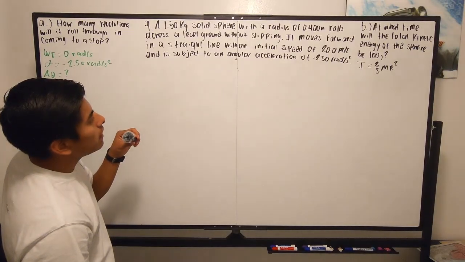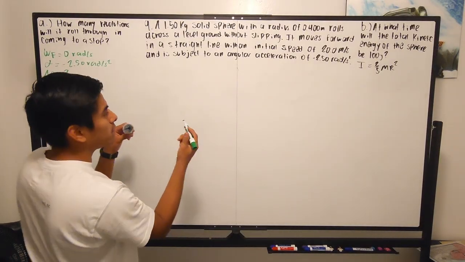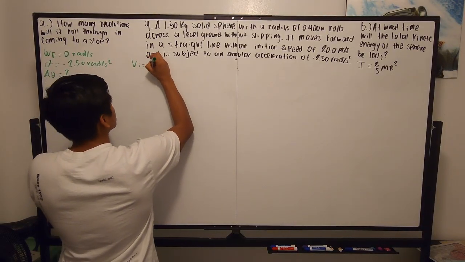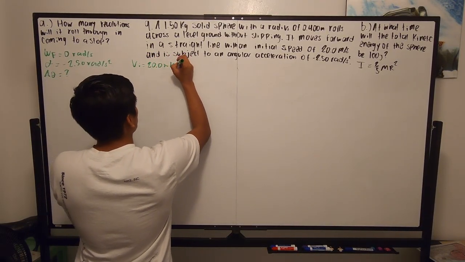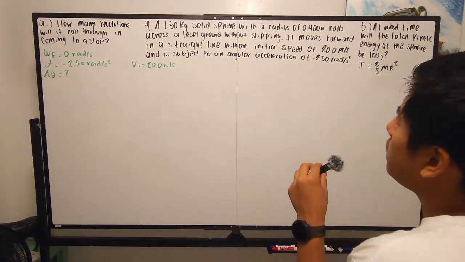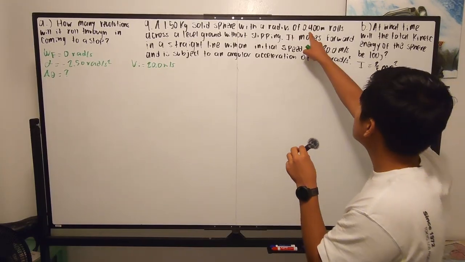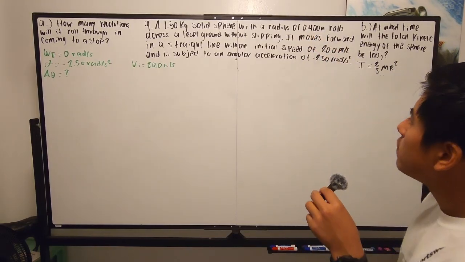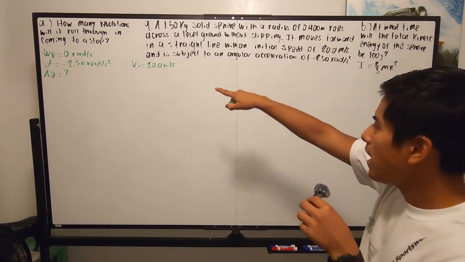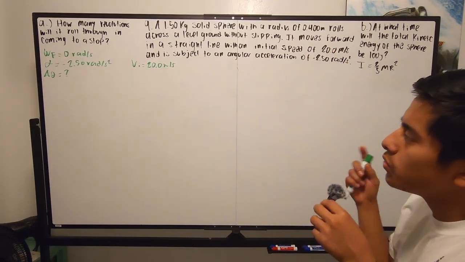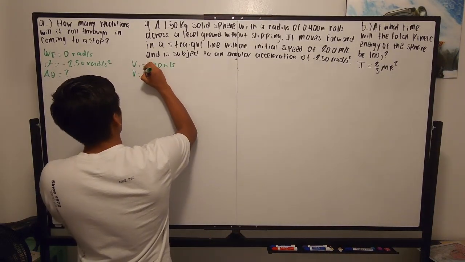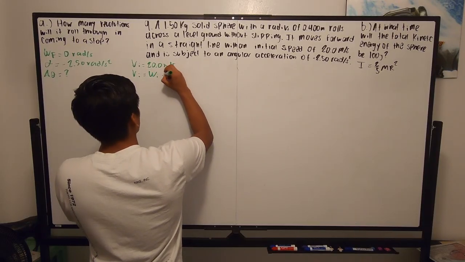It also tells us that the initial linear speed is 20 meters per second, and we know that it has a radius of 0.4 meters. So by using the radius and the linear velocity, we can find the initial angular velocity by this equation. V initial is equal to omega initial multiplied by the radius.